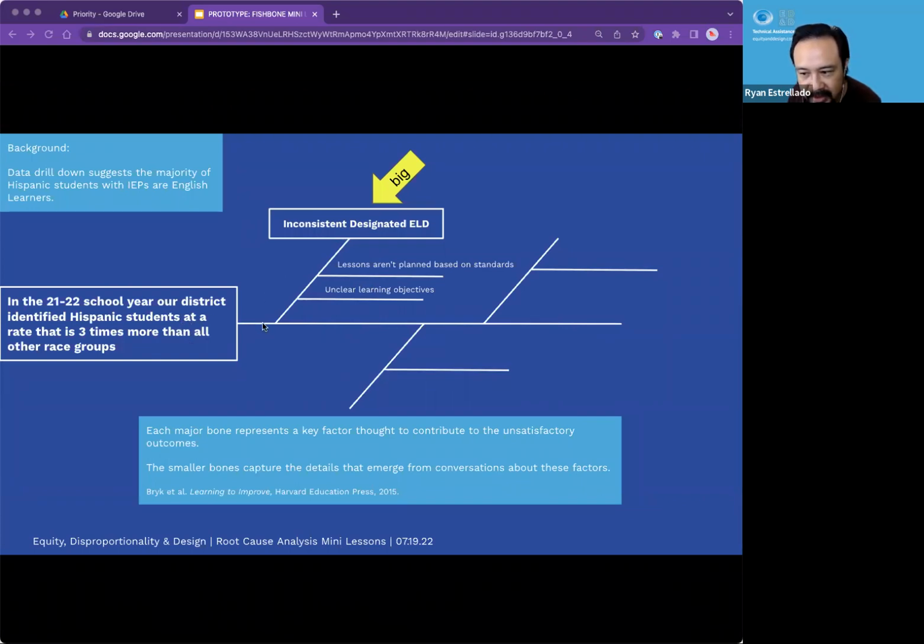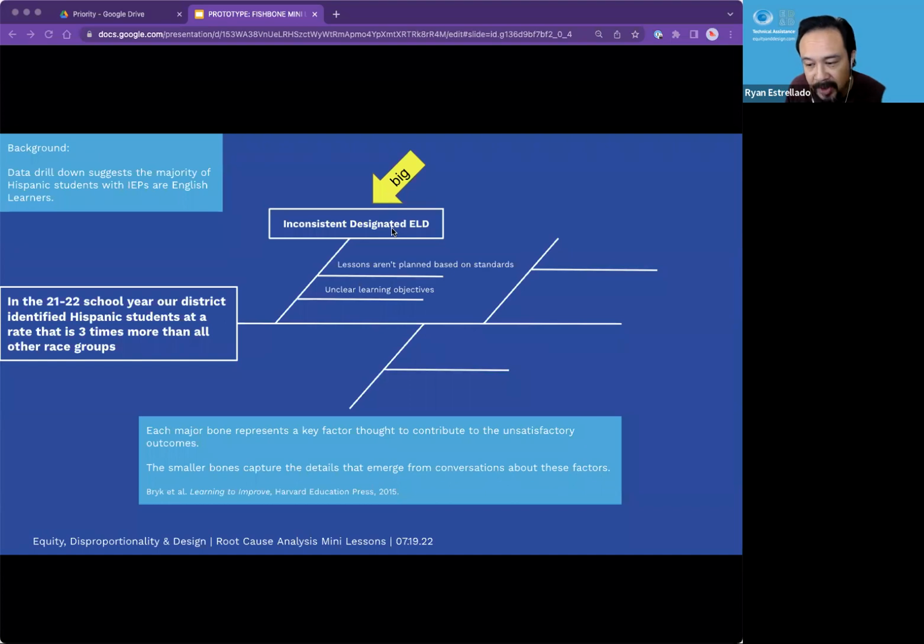All right. So the example that we have here is a very plausible disproportionality related example. In the 21-22 school year, our district identified Hispanic students at a rate that was 3 times more than all other race groups, identified for special education. And the big bone that comes off the metaphorical spine of the fish in the fishbone diagram is inconsistent designated ELD, right?